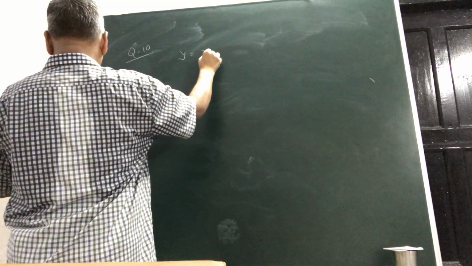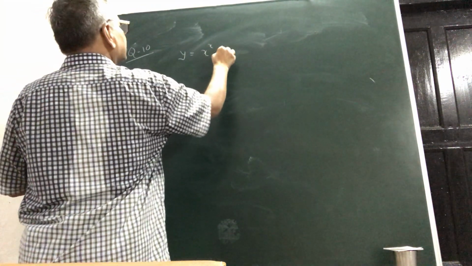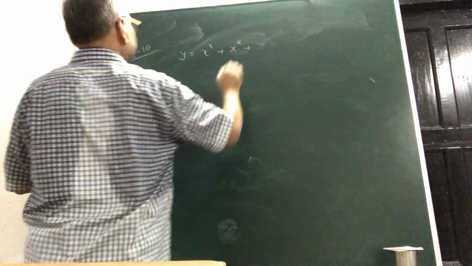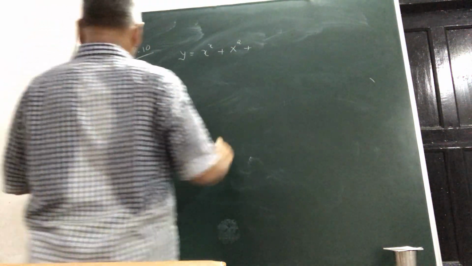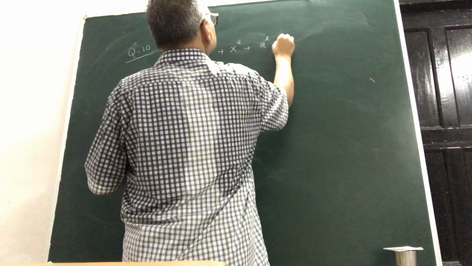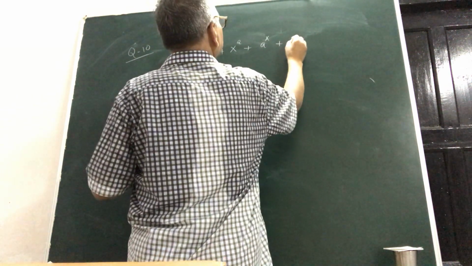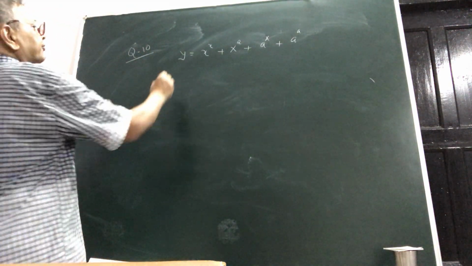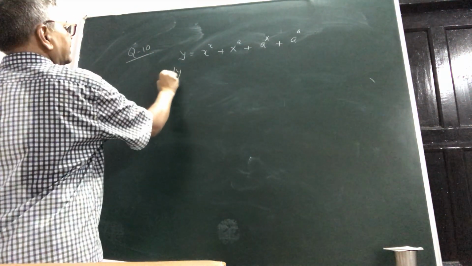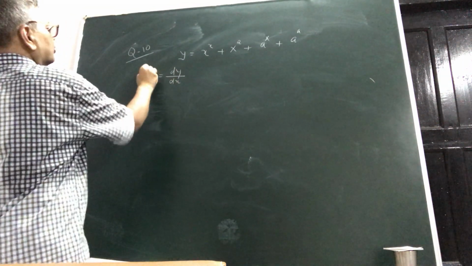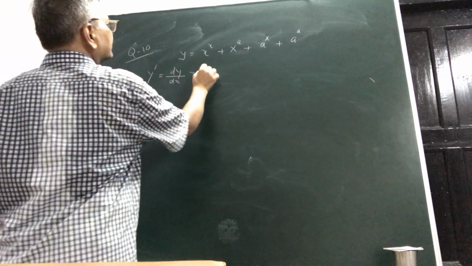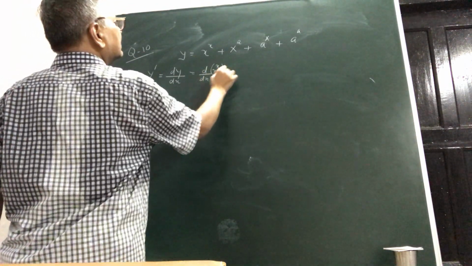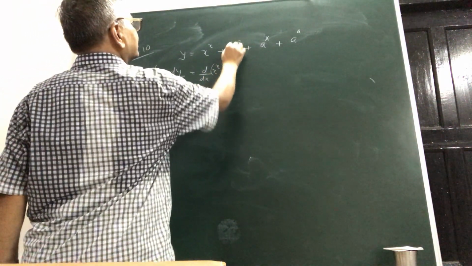y is equal to x raised to power x plus x raised to power a plus a raised to power x plus a raised to power a raised to power a. Okay. Now here see, if you take the derivative, y dash or dy by dx, whatever symbol you want to use. So it will be d by dx of x raised to power x plus d by dx of x raised to power a.